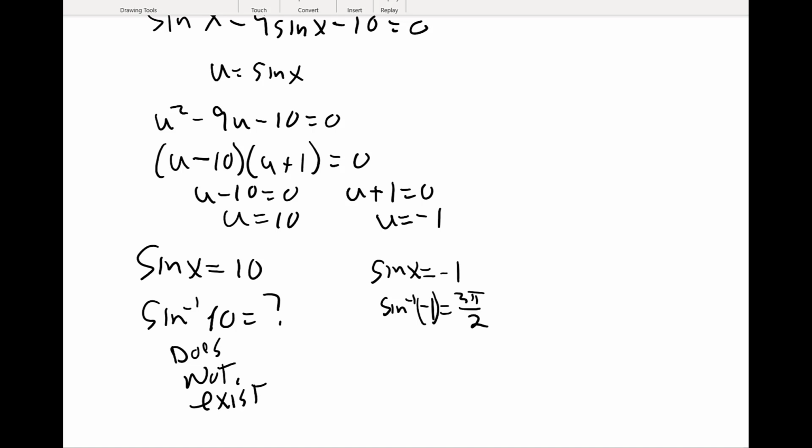So our solution would be 3 pi over 2 plus 2 pi k, and they say use k as our generator, that generates all those infinite number of solutions. Or you could say negative pi over 2 plus 2 pi k. But I probably would have just gone with this one.